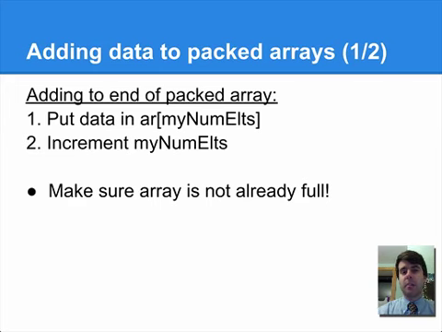Because if you think about it, the value of the number of elements in the array is also equal to the index of the spot where you would put the next thing in your array, because the index of the last element in the array, in any array, is always equal to the number of elements in the array minus 1.